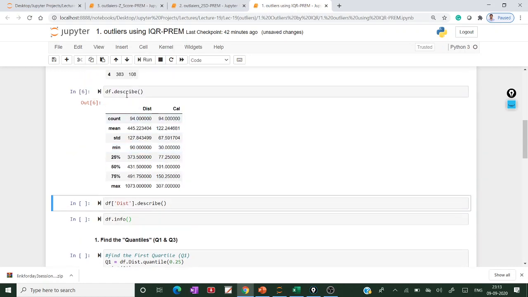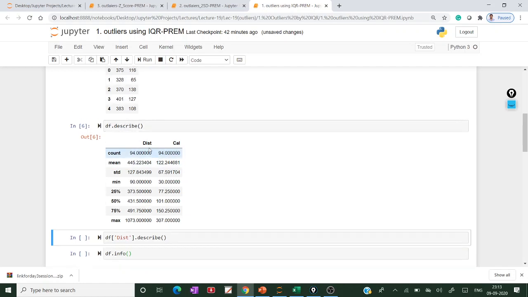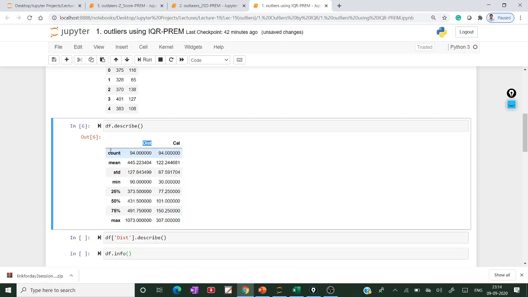This is df.describe. This is the statistical information of this data set, dist and calories. Here count means the number of observations of each column, then the mean values, standard deviation, the minimum value, and the 25th percentile.